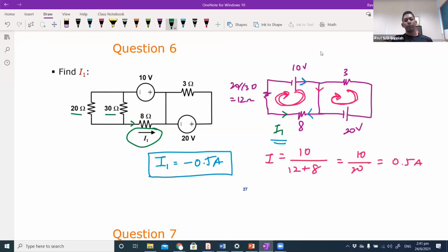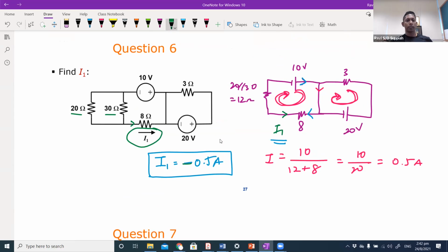But since they have already drawn an arrow, that means I1 is referenced in this direction. When we calculate, we can see that the actual current is going in the opposite direction. So we now need to specify it in terms of the direction already given to us in the question. That is why we put a negative over here.